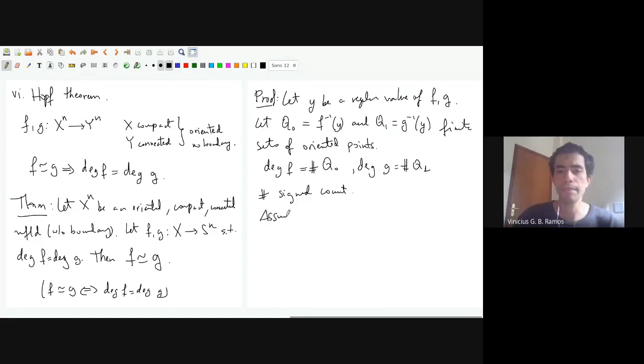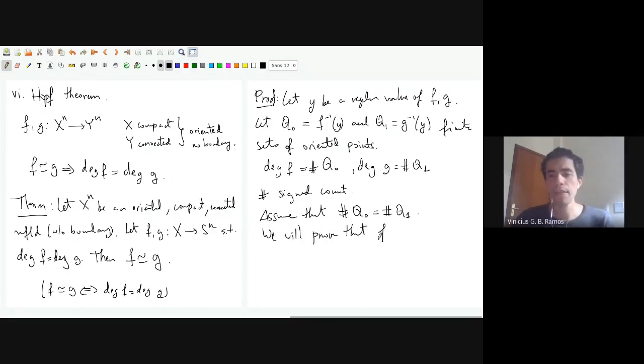So we assume that the number of points in Q0 is equal to the number of points in Q1, as a signed count. So you take the number of positive ones and you subtract the number of negative ones. Okay, so we will prove that f is homotopic to g.